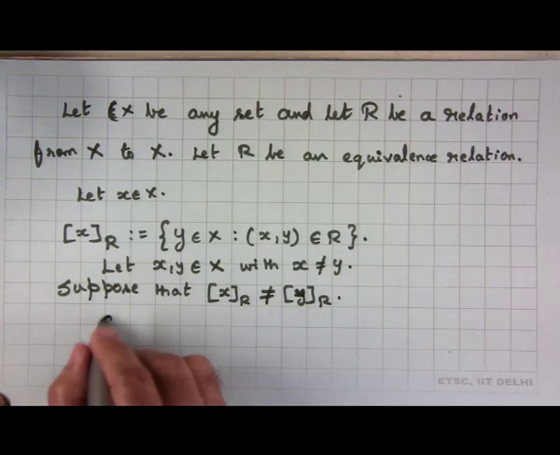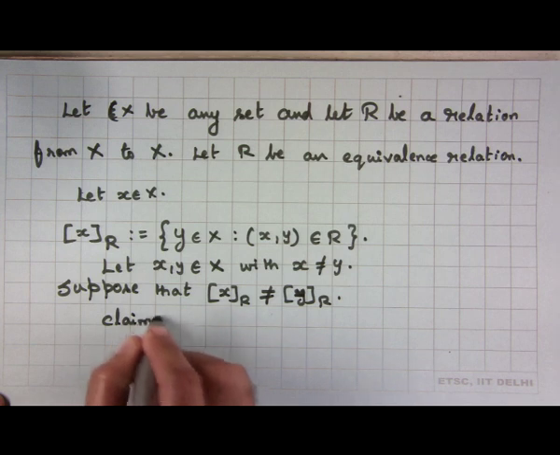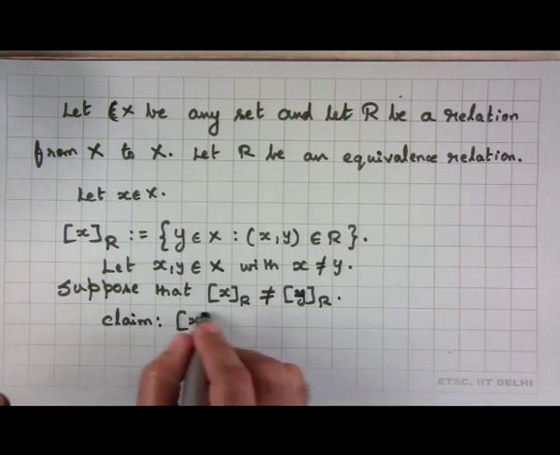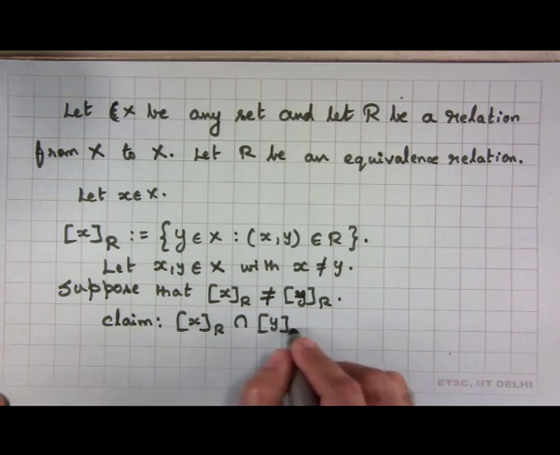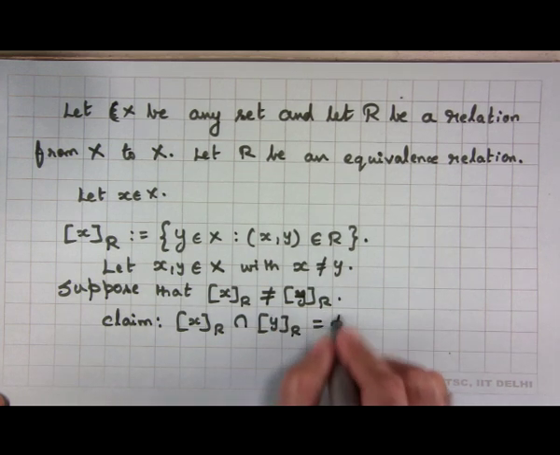So, claim is that box x R intersection with box y R is empty.